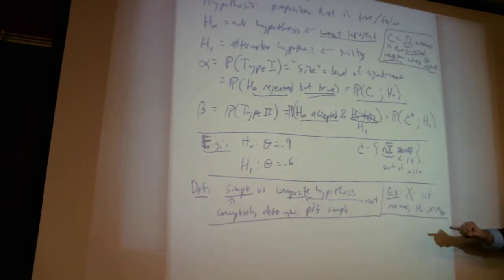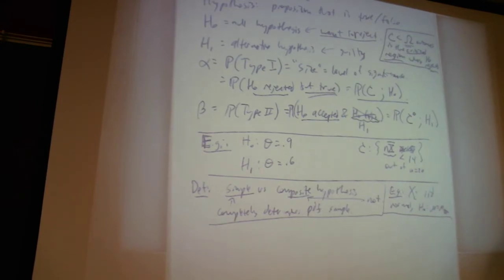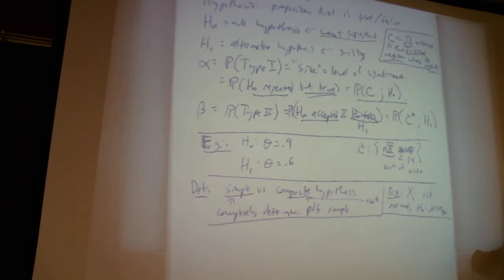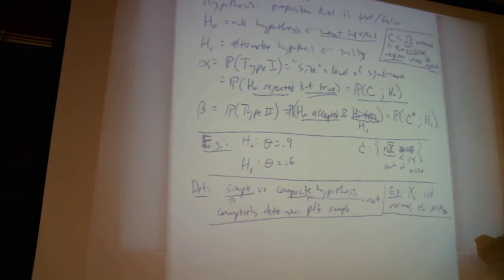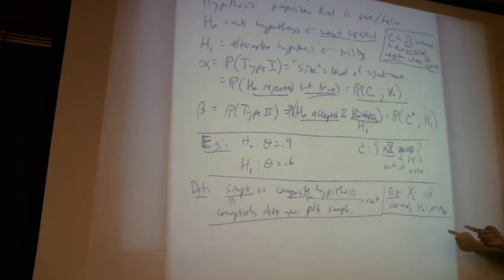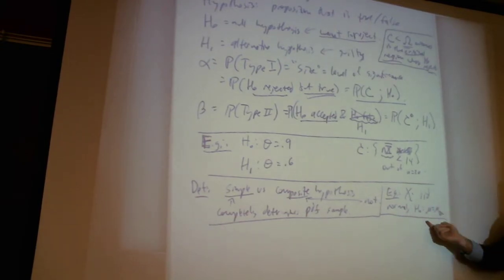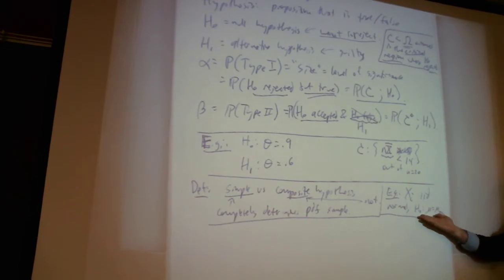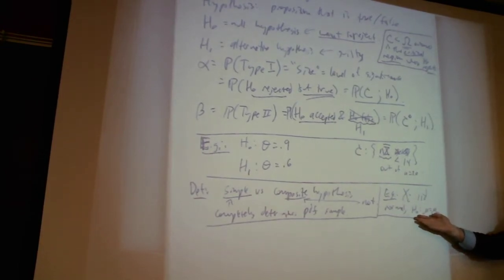There are two pieces of information you need to know to determine what the actual distribution is. Normal is just a shape, right? Normal is determined by two pieces of information, the mean and the variance, or the standard deviation, right? This hypothesis is only testing the mean. So if the hypothesis is true, it says nothing about the variance.